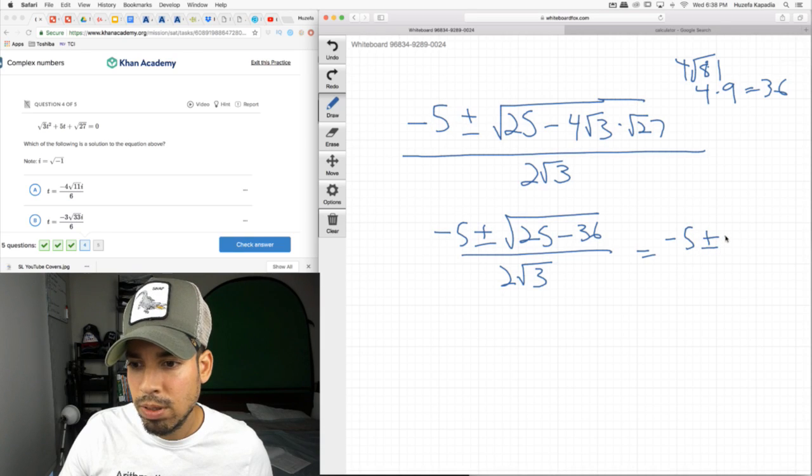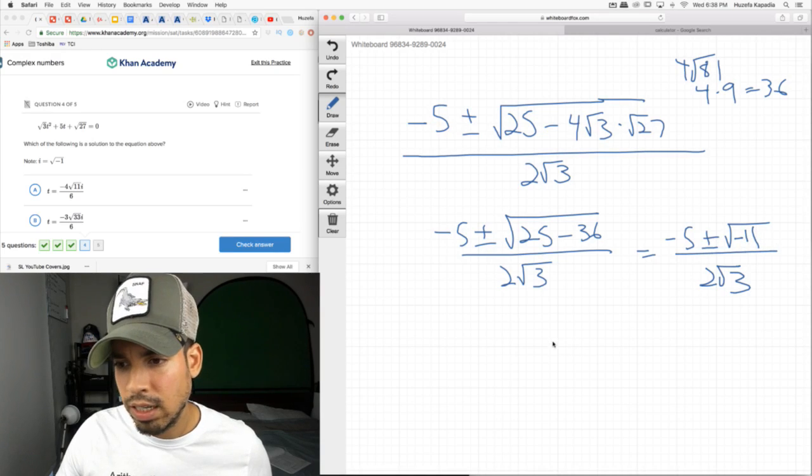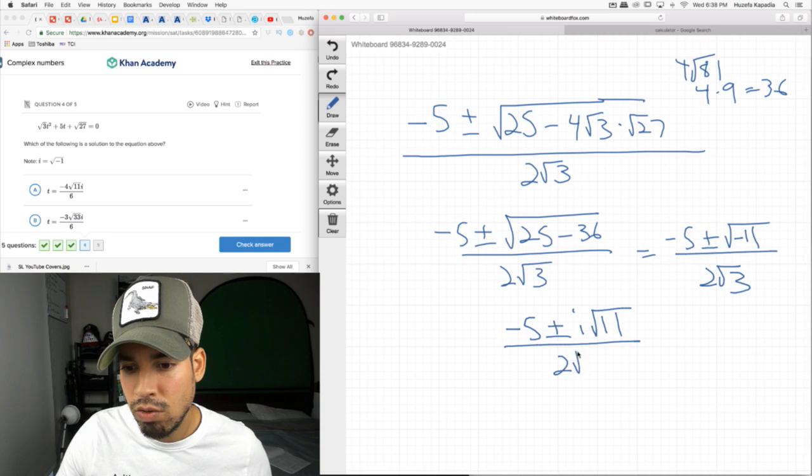Negative 5 plus or minus square root of negative 11 over 2 rad 3. And then with negative 11, we can take the square root of negative 1 out as an i, so it can be negative 5 plus or minus i rad 11 over 2 root 3.